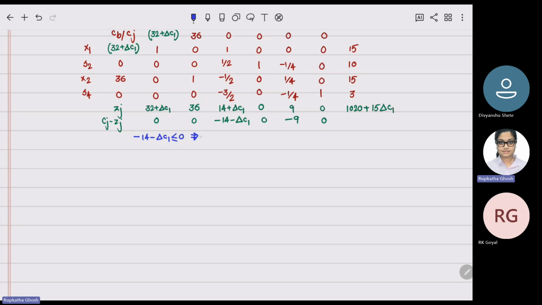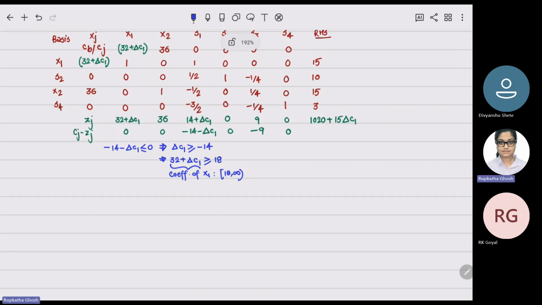That means delta C1 should be greater than or equal to minus 14. That means 32 plus delta C1 should be greater than or equal to 18. That means the coefficient of x1, in order to retain optimality, should vary from 18 to infinity.